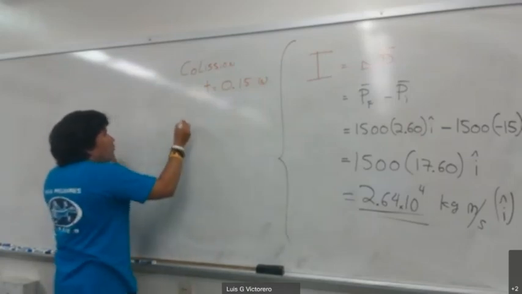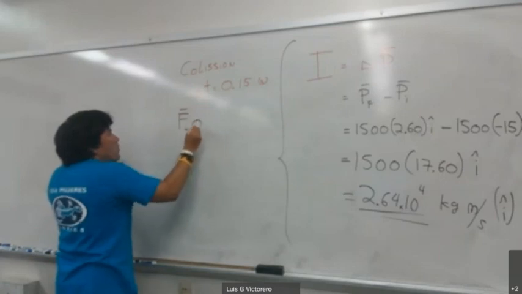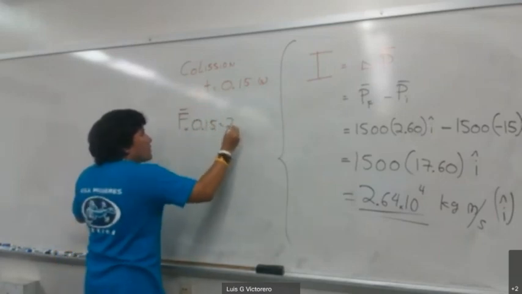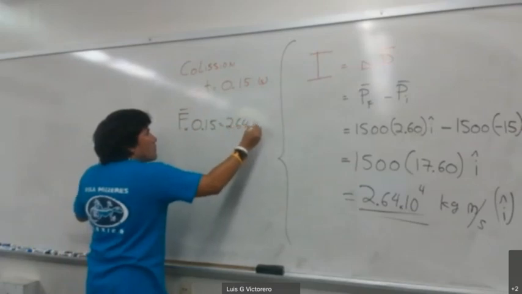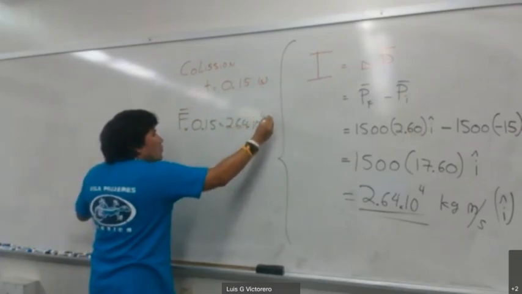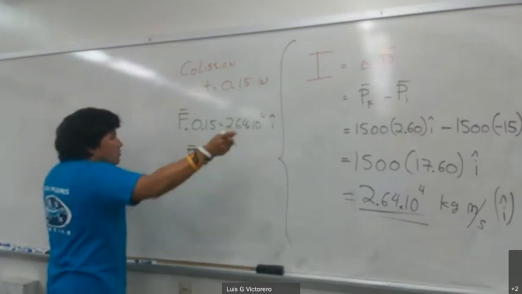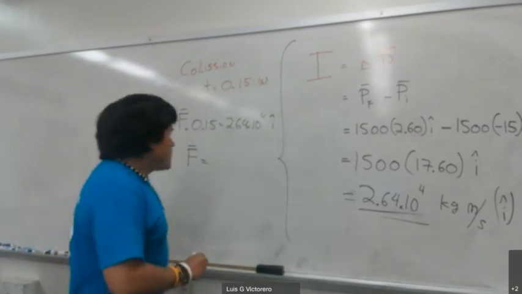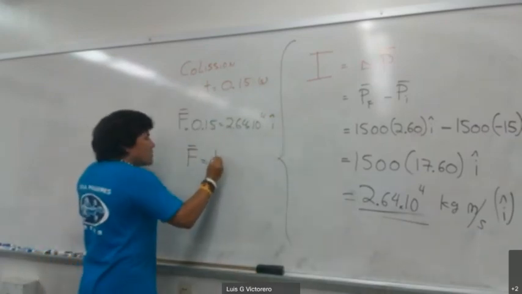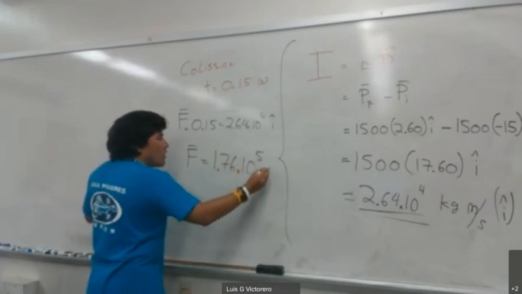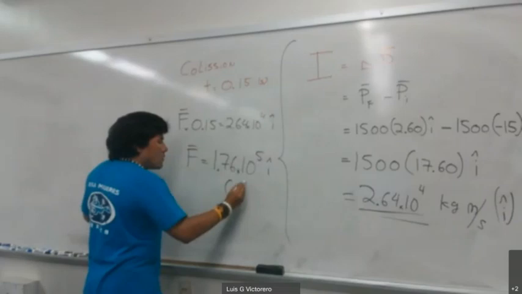Force times time, or force times 0.15 equals to that. Don't forget the i. That gives you the direction of the force. To the right is 1.76 times 10 to the 5 i.